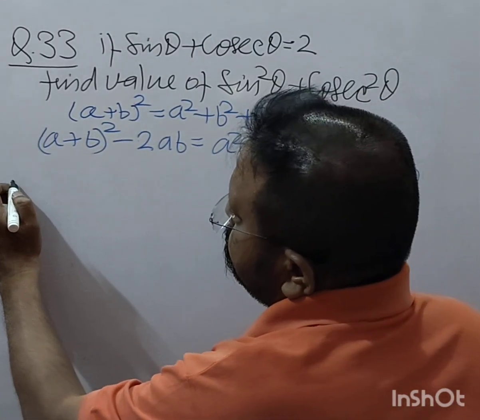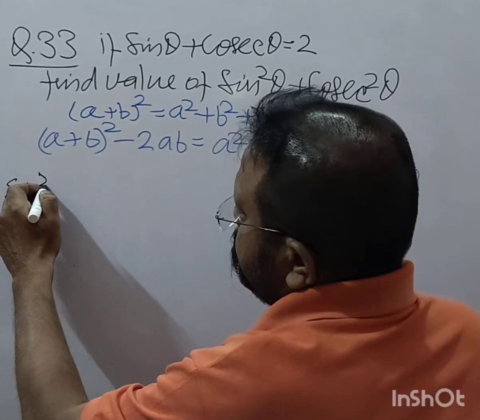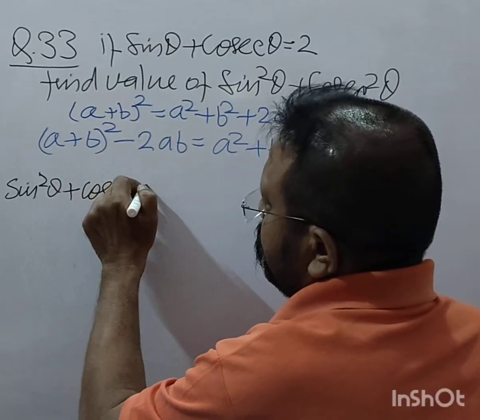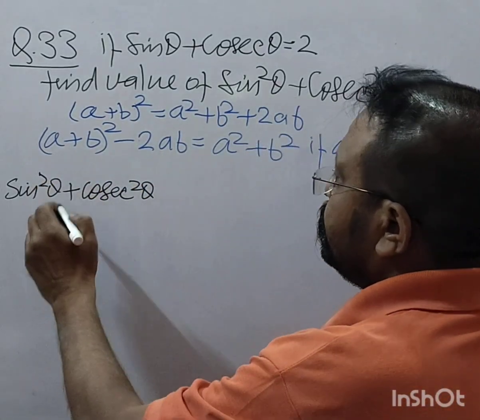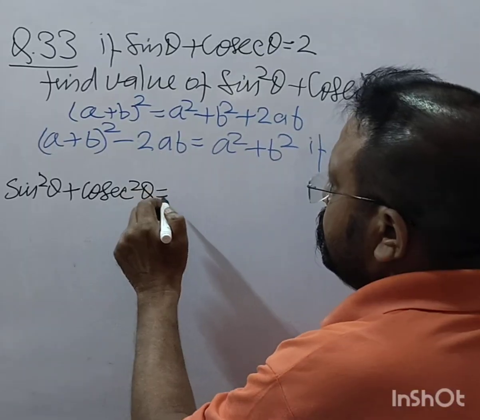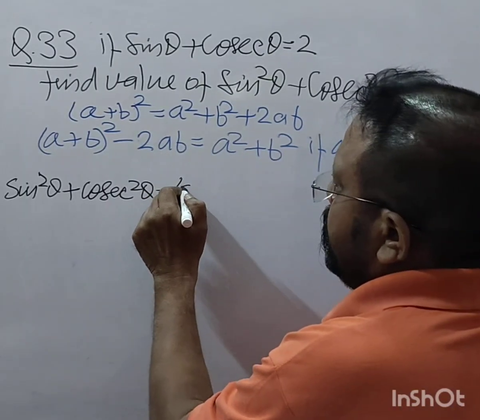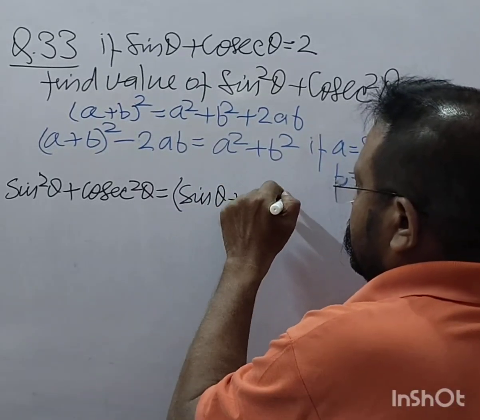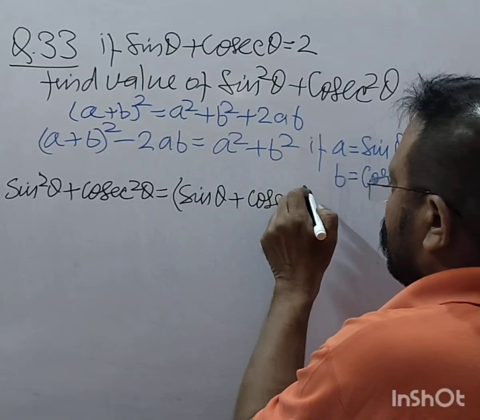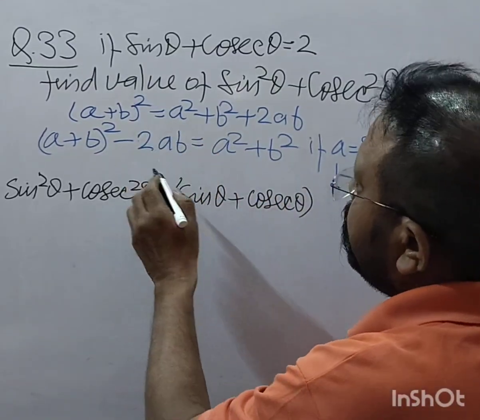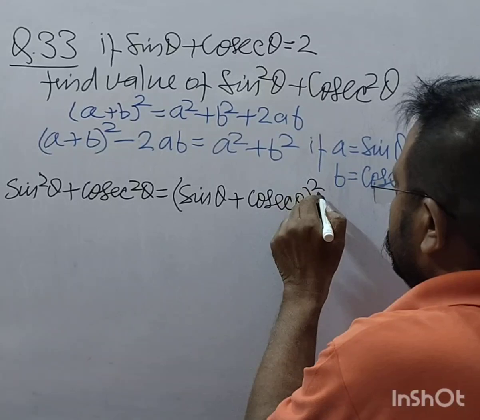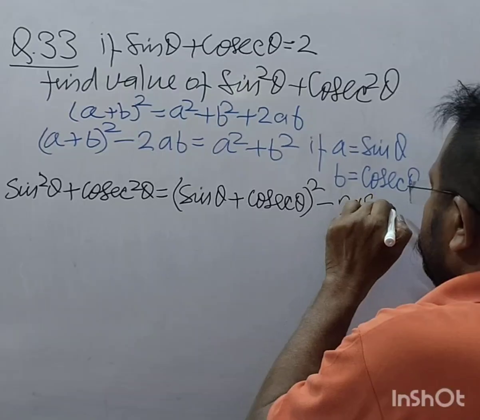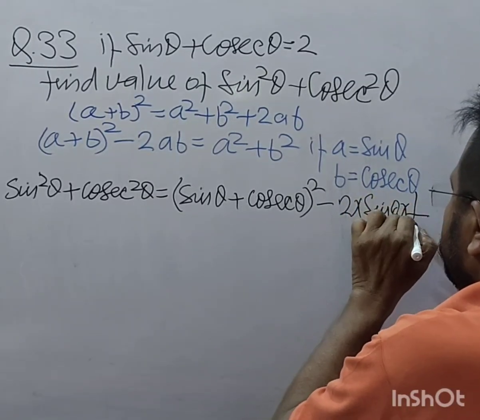Put these values here. So you get sin square theta plus cosec square theta is equal to sin theta plus cosec theta whole square minus 2 into sin theta into 1 upon sin theta.